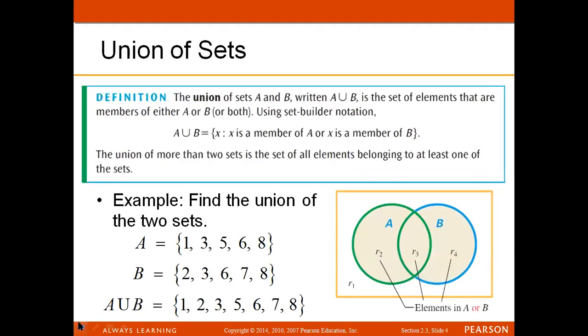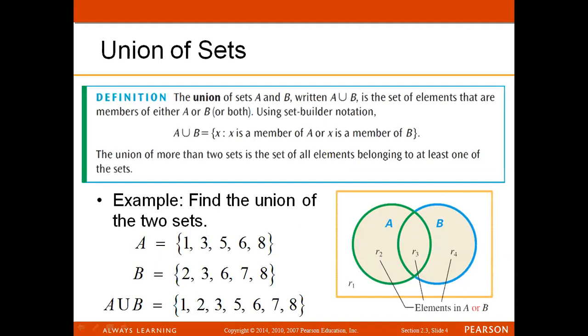Now, if we go back a slide, we can look at the Venn diagram. In this Venn diagram, we have a universal set, that's our orange region. We have the set A, that's our green region, and we have the set B, that's our blue region here.